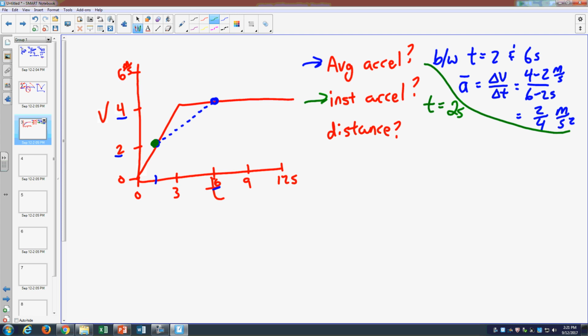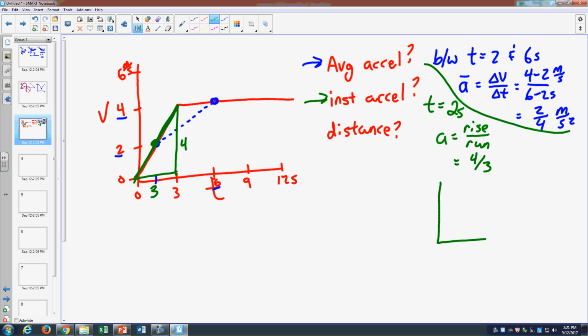Notice I don't give you a range of time, I just give you an instant in time. In order to do that, I would just find the slope of this line. The rise is 4, the run is 3, and so the instantaneous acceleration is rise over run, which is 4 over 3.